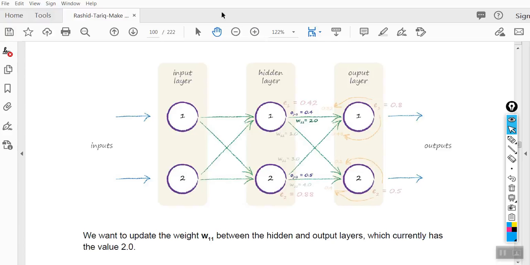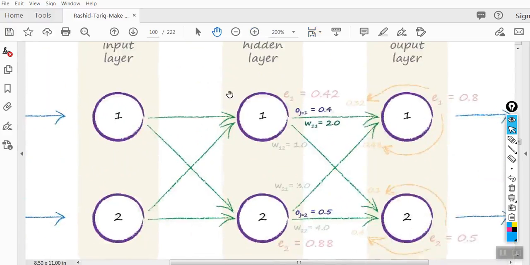According to the previous concept, we can divide this E1 according to the weightings W11 and W21, and then after the usual equation, we can achieve that the error of this link is around 0.32, and this is 0.48.